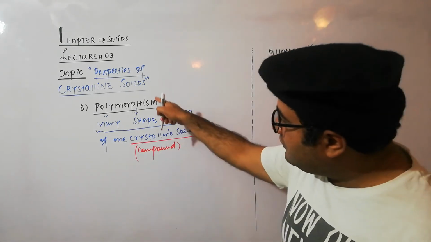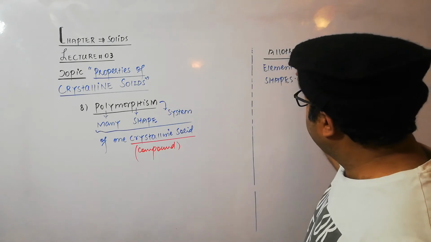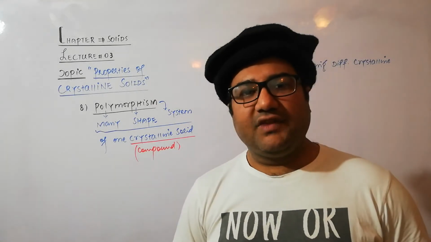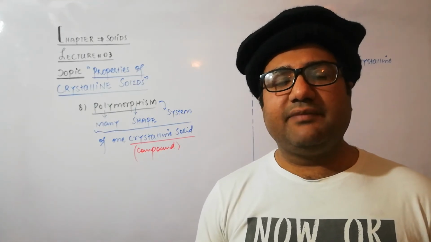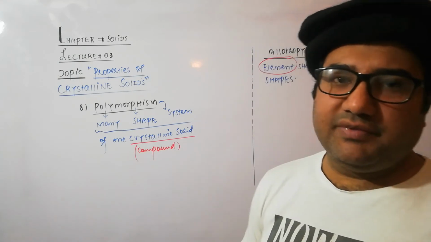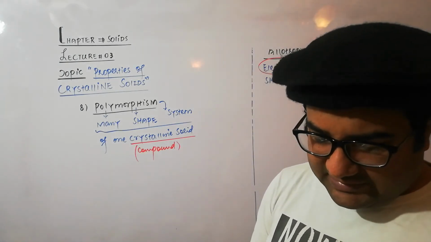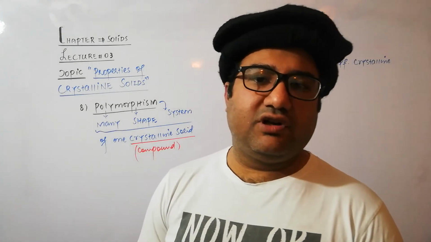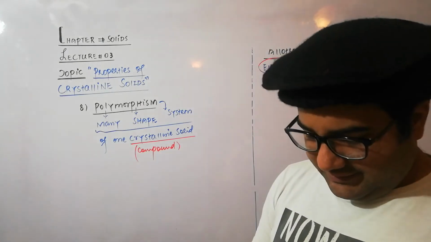So polymorphism is the concept applicable to compounds, and allotropy is the same concept for elements. While isomorphism was applicable to both compounds and elements, polymorphism and allotropy are different. Polymorphism is a term reserved for compounds, and allotropy is a term reserved for elements.